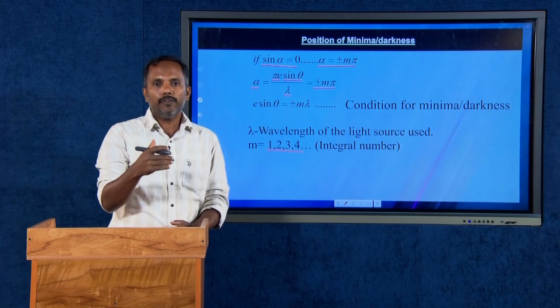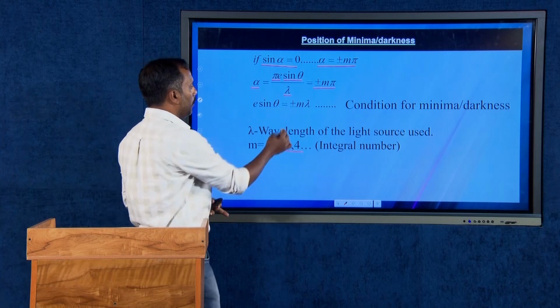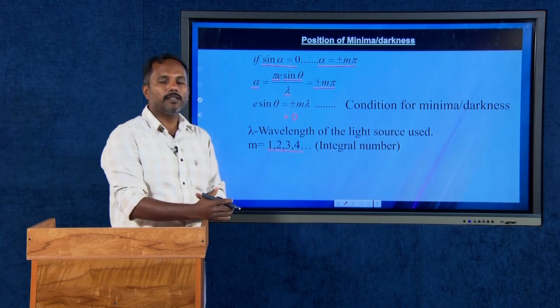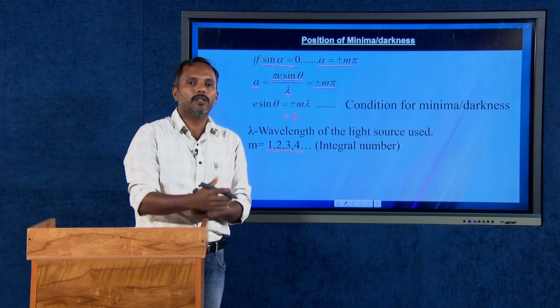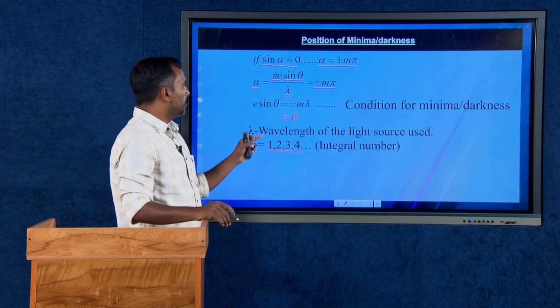Why? If m is equal to 0, this condition gives e sin theta equal to 0, which leads to theta equal to 0, that is the condition for the central maxima. Therefore, here m is not equal to 0.